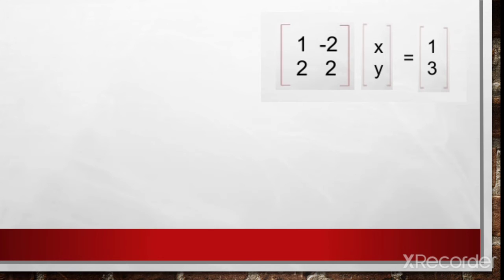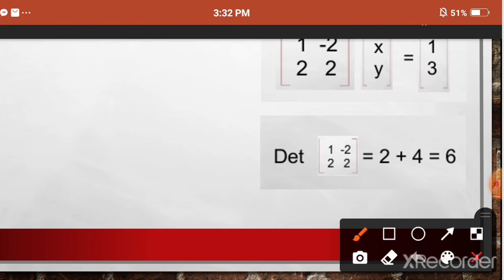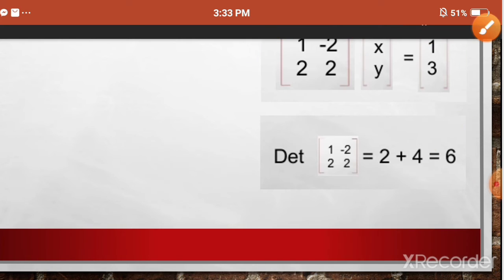Since we have two present variables, namely x and y, and we need to find the values of those variables, let us first solve for the value of x. The elements in our third bracket, and this 6 as the value of our determinant, serve as our given in finding the values of x and y.